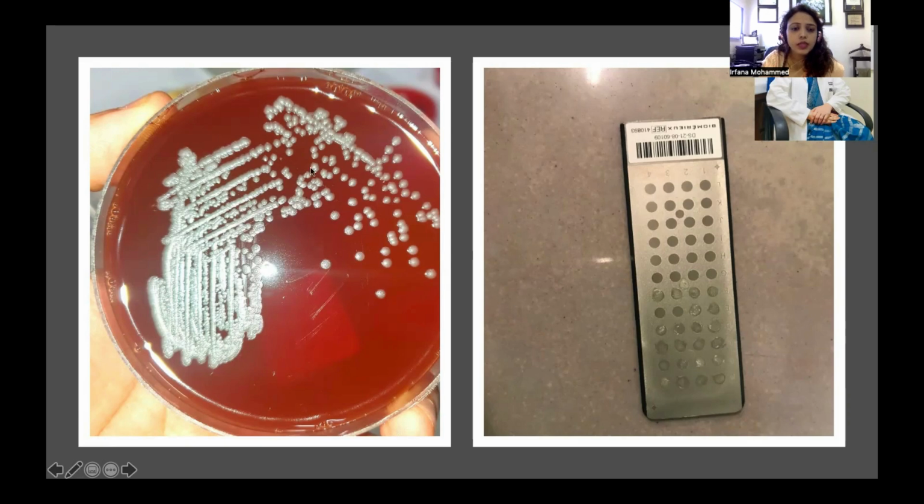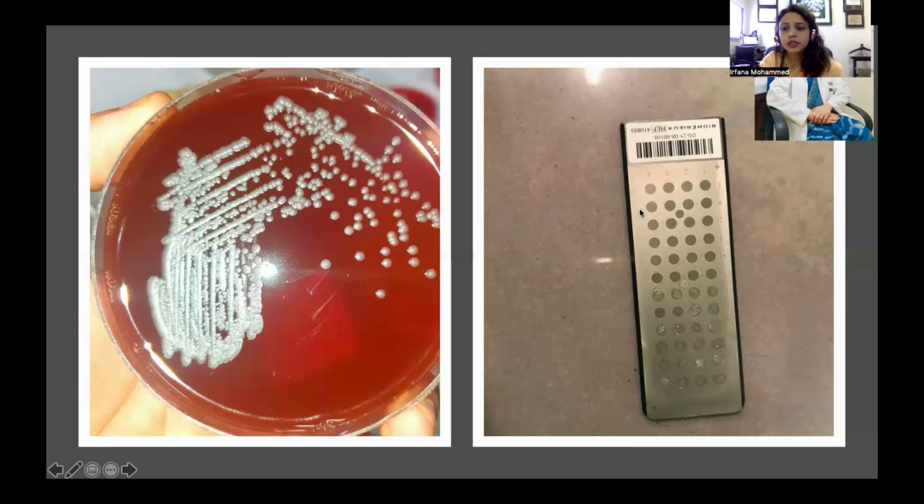So here this is a blood agar plate with colonies, and you take this and smear it onto each well, and then you put this into the MALDI-TOF machine, and it gives the identification.